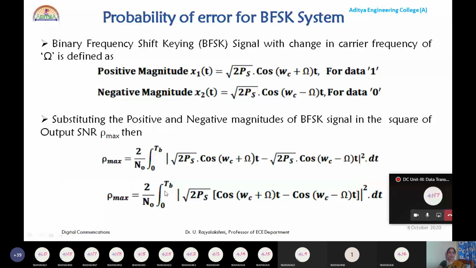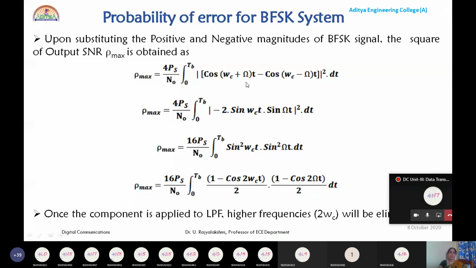Then you will get 4 Ps by N naught integral 0 to Tb, cos omega c plus omega multiplied by t minus cos omega c minus omega multiplied by t, whole square dt.